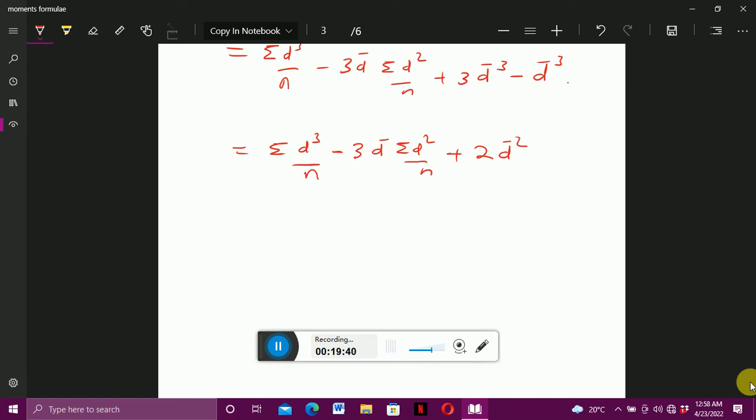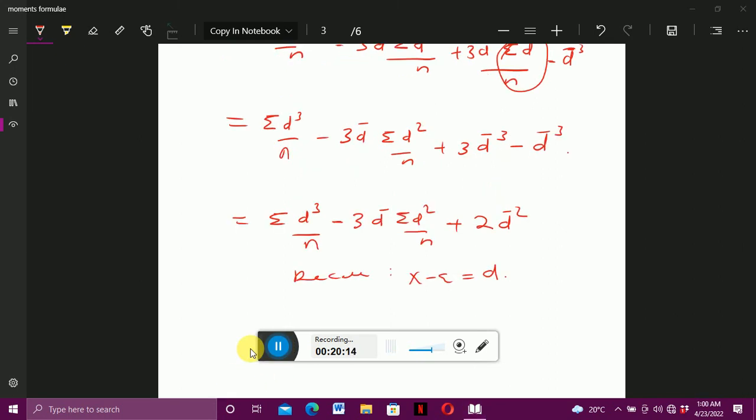First of all, we recall that x minus a is equal to d. So remember, this is not d bar squared, it's d bar cubed.